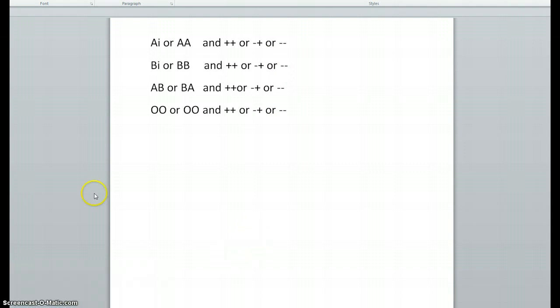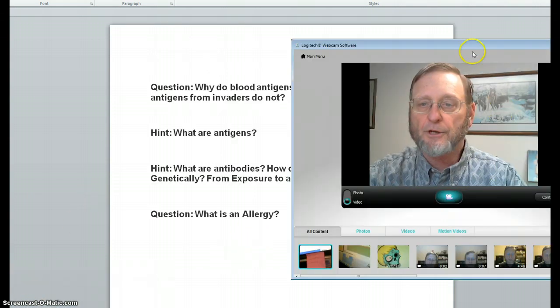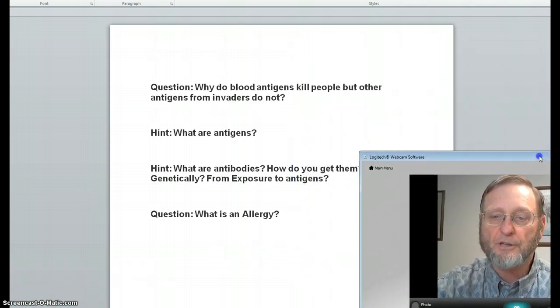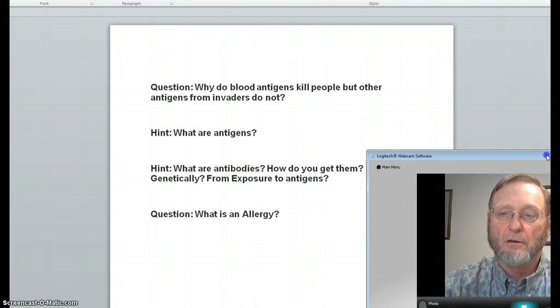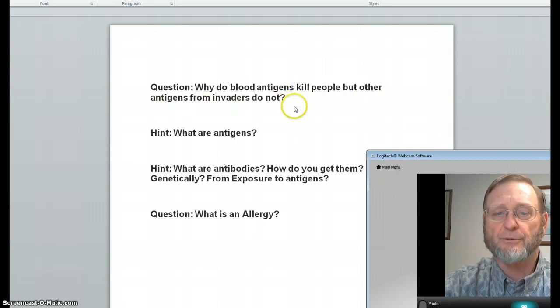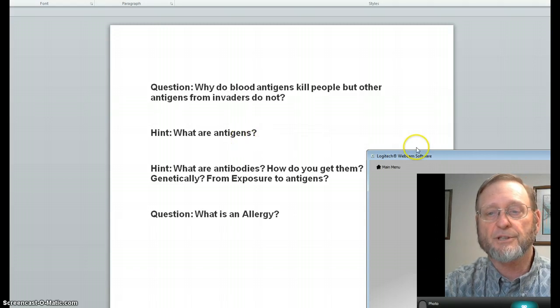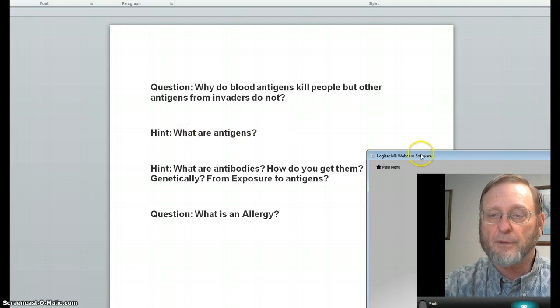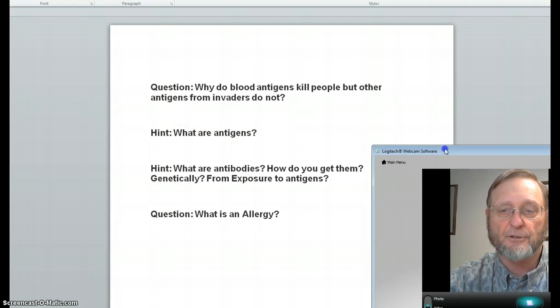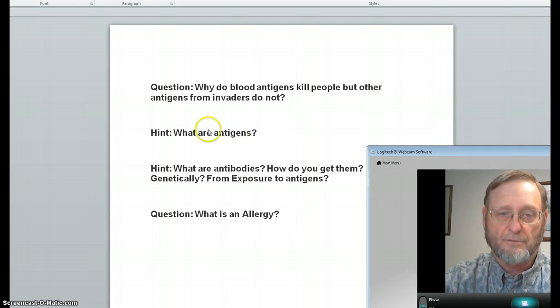Okay? So here's where we get down to some of the important questions. Okay? So why do blood antigens kill people, but other antigens from invaders do not? What are antigens? They're foreign substances that get into your system, into your blood, or maybe not into your blood. In the case of blood transfusions, they are antigens that are on the blood cells.